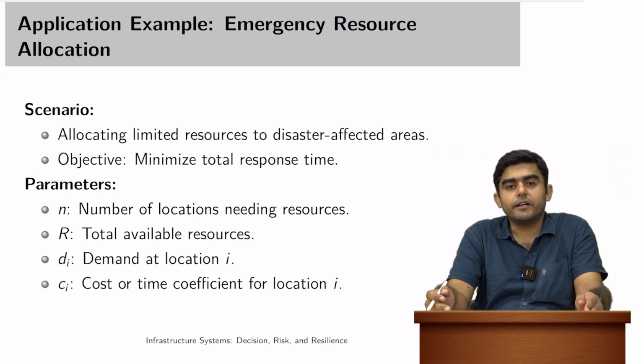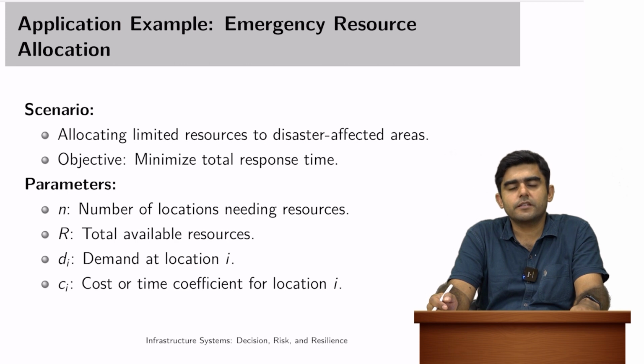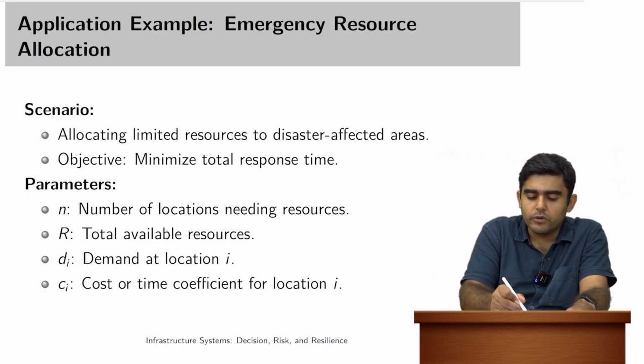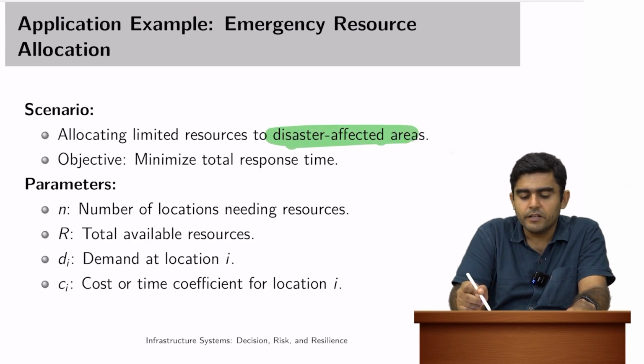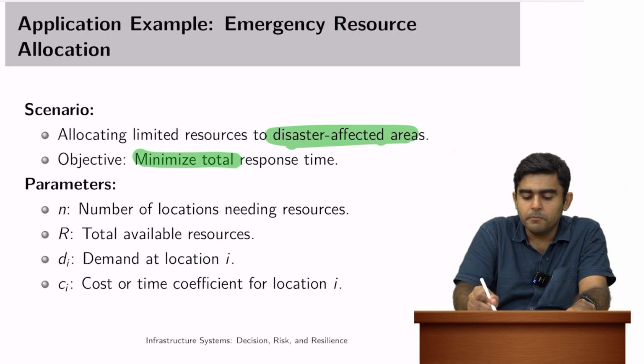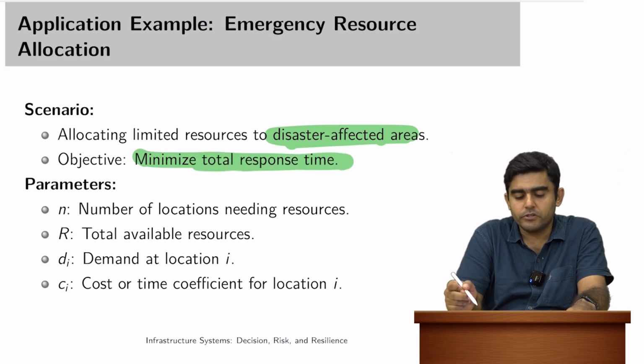Before we go to the detailed mathematics in our subsequent lectures, it is important to see some of the use cases where linear programming problems can be used. One very good example is emergency resource allocation, where we have to allocate limited resources to disaster affected areas, and the objective is to minimize the total response time.